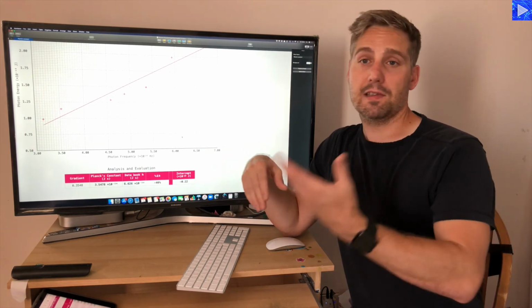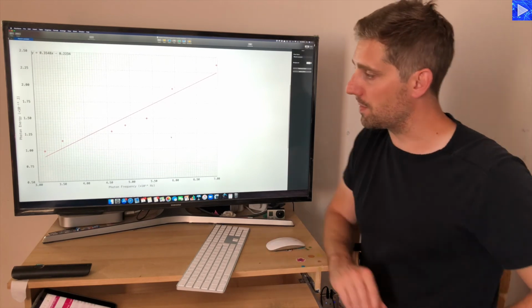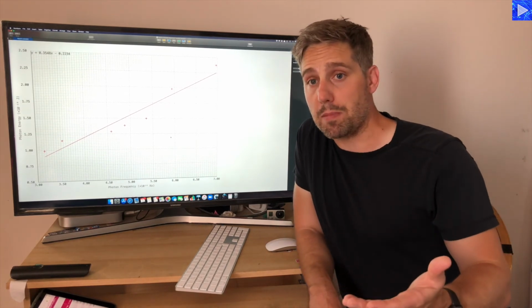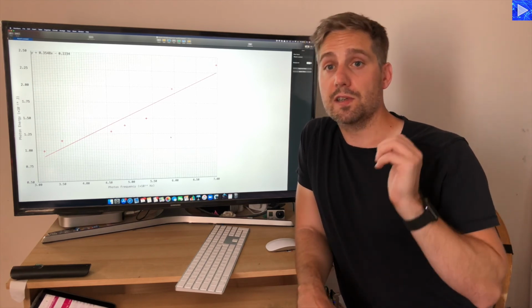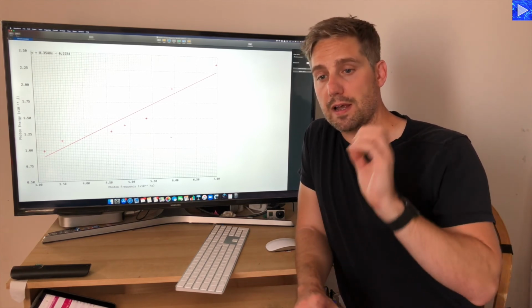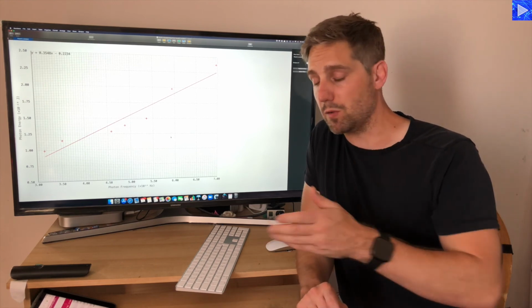So I need to think about what could have happened there. Just off the top of my head, some of the things: perhaps I didn't eliminate enough background light, perhaps I didn't allow my eyes to adjust to the darkness after every time I turned my torch on to take a reading from the multimeter.